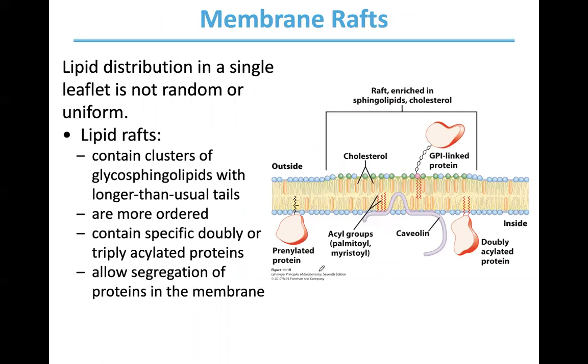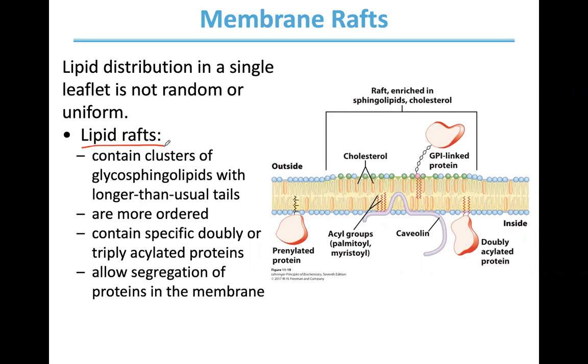All right, so the membrane is also asymmetric, not only in terms of the kind of lipids on the outer and inner layer, but there's also a non-random, non-uniform distribution of lipids laterally. Okay, so there is something known as lipid rafts.